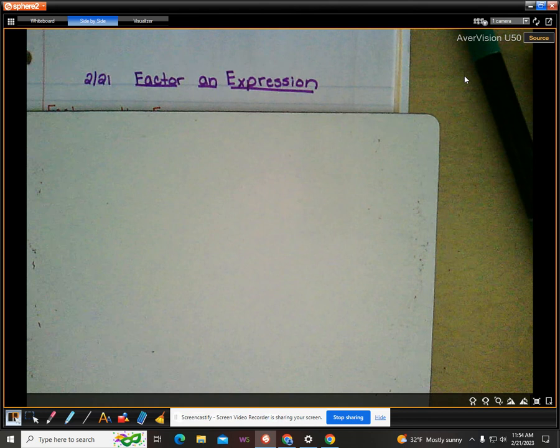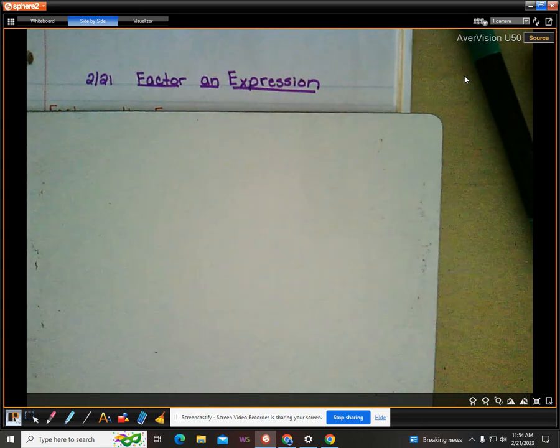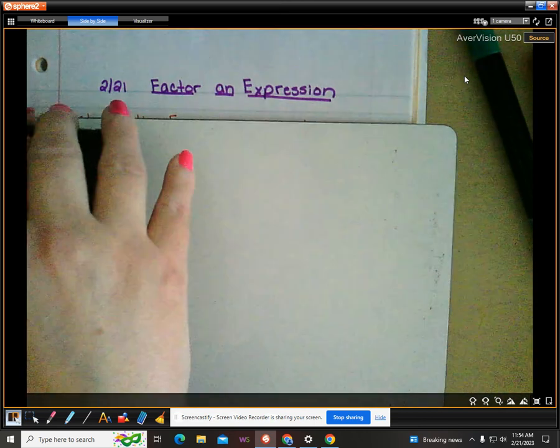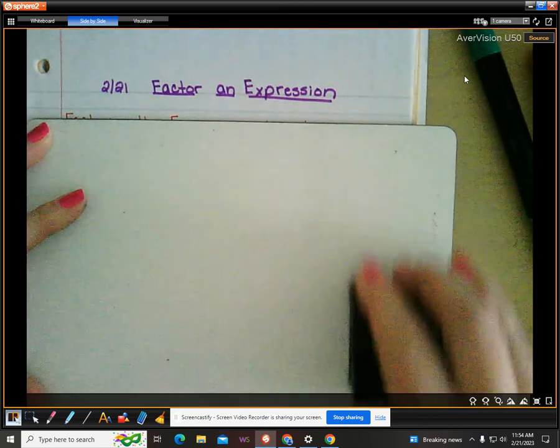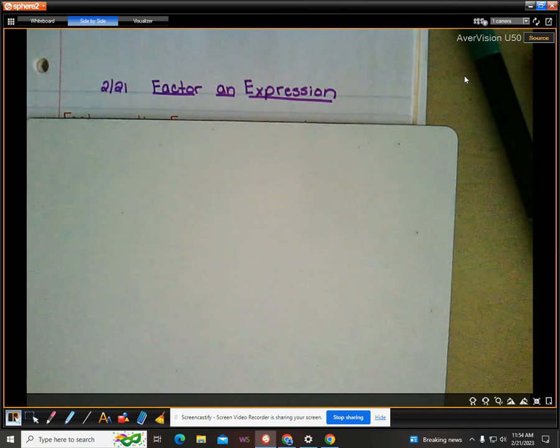So what we're going to work on today is, like I said, the exact opposite of what we did on Friday. On Friday, we looked at the distributive property, which is what you just practiced, where you're taking a number, could be a letter, we haven't had that, on the outside of a parenthesis and multiplying it by everything inside.